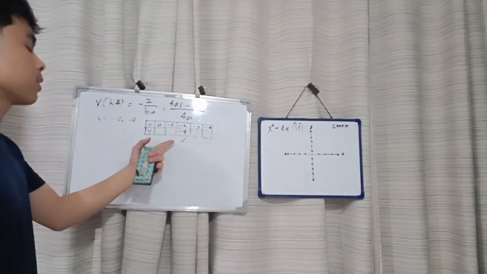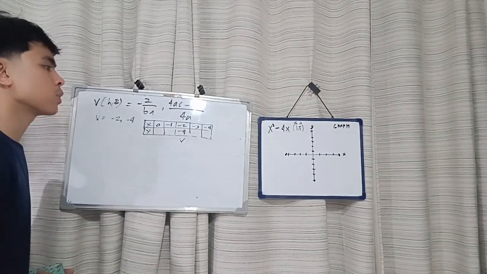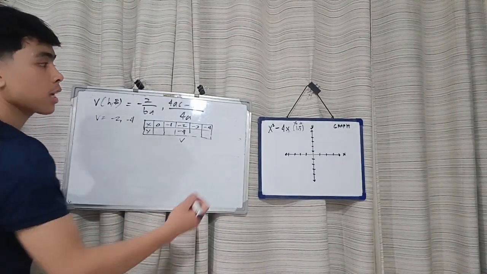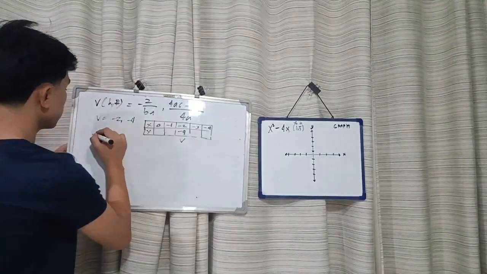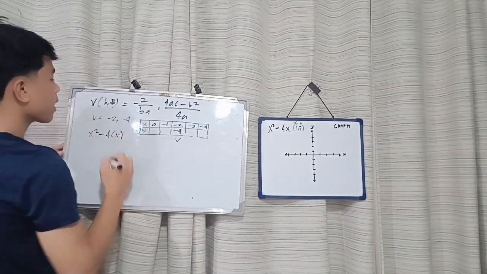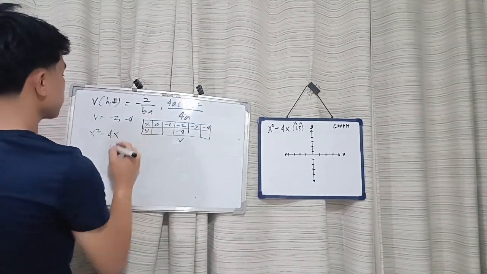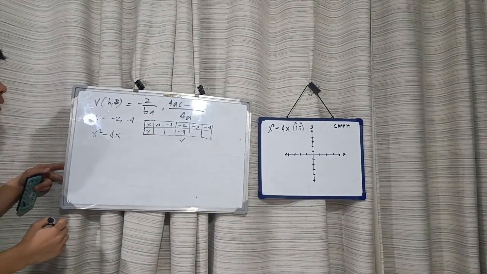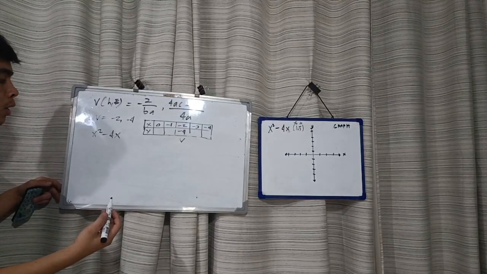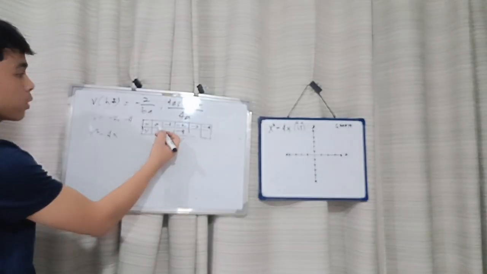To get our y, we can use our formula, which is x squared minus 4x. To get y, you only need to replace your x.